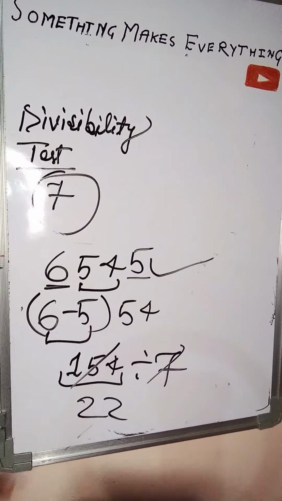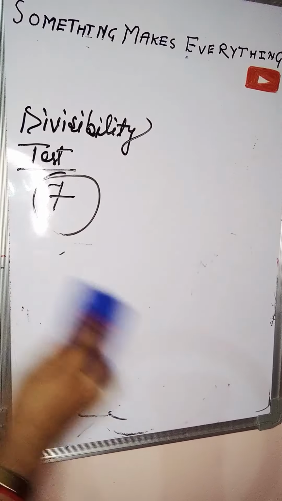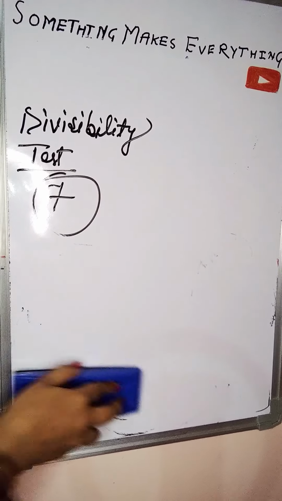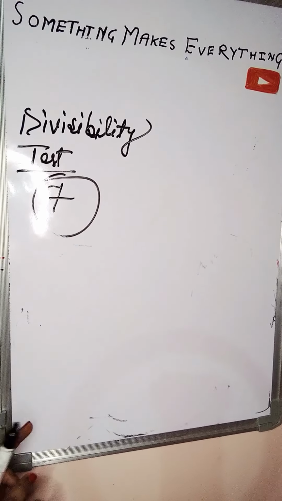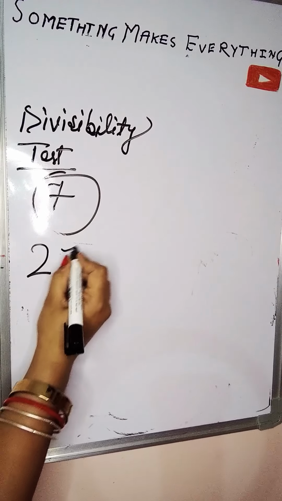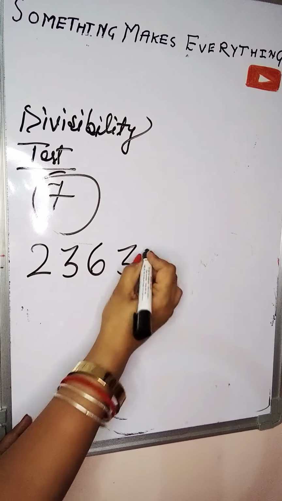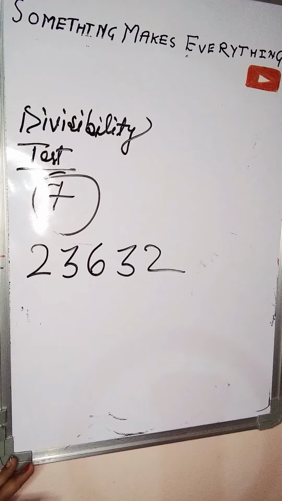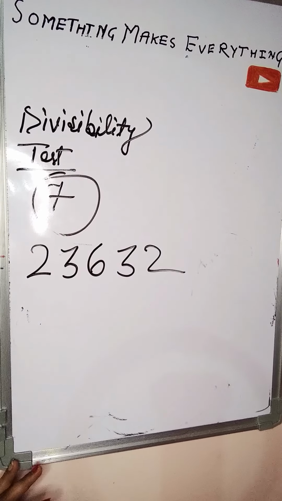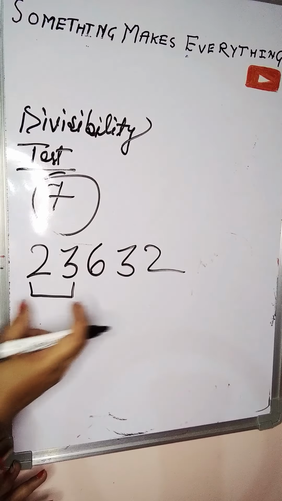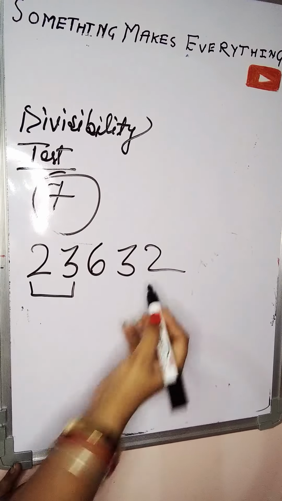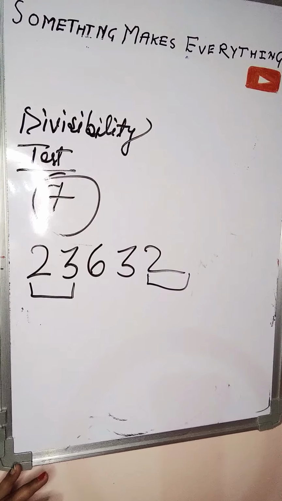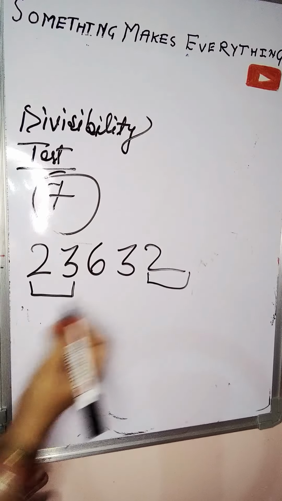Now suppose I have some 5 digit number. This number I have. So for 5 digit numbers, we will just shift by one more digit. We'll take the first two digits here and the same units place digit, and then the difference.